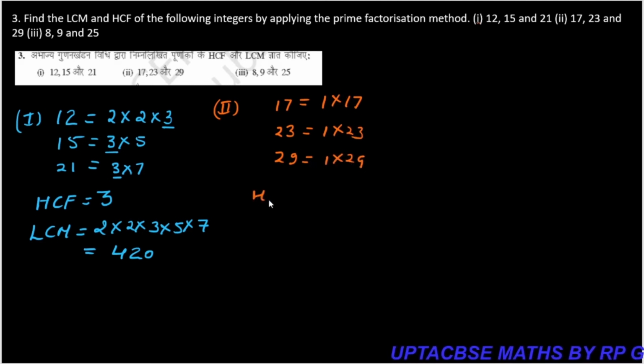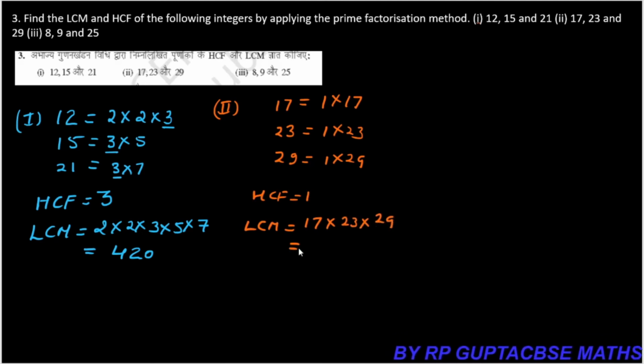So the HCF will be 1 and the LCM will be the multiplication of all the numbers, 17 into 23 into 29. It becomes 11339. You can do the multiplication. It's a very easy thing, not a difficult one.